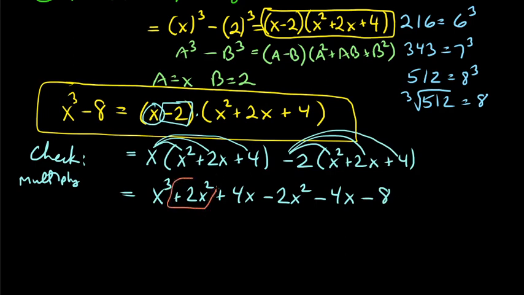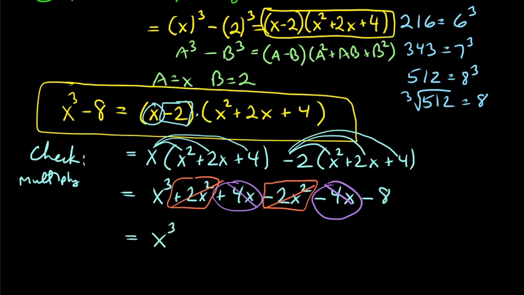Notice that 2x squared minus 2x squared is 0, so they just cancel. Likewise, 4x minus 4x is also 0. So what are we left with? Well, we still have x cubed, and at the very end here we have the minus 8. But that's what we started with, so we know that this is correct.